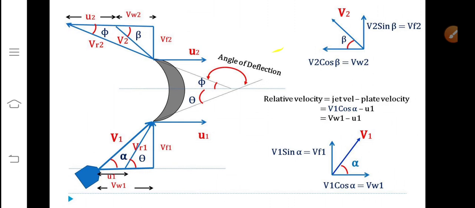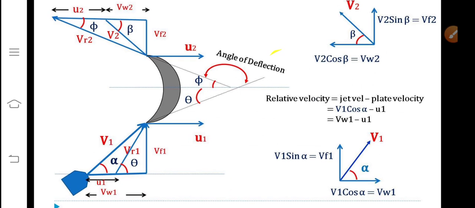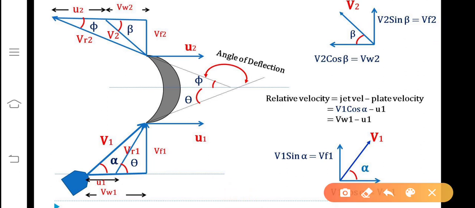See, the magnified figure I said. We will go to the magnified figure. Now I will explain each and every parameter here. You can see the figures very clearly, no doubt? Okay. This is the curved vane which is moving with velocity u. Therefore, we are required to take the effective velocity with which the force is exerted on the vane, that is Vr.